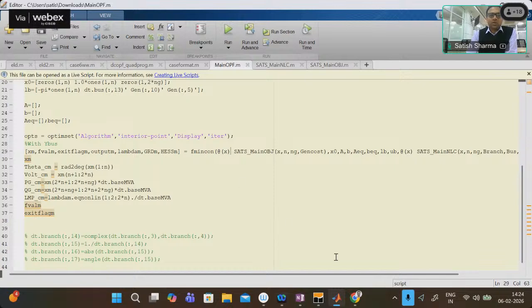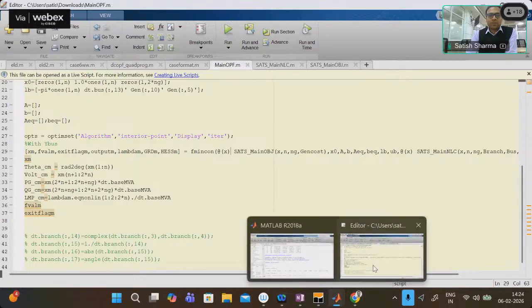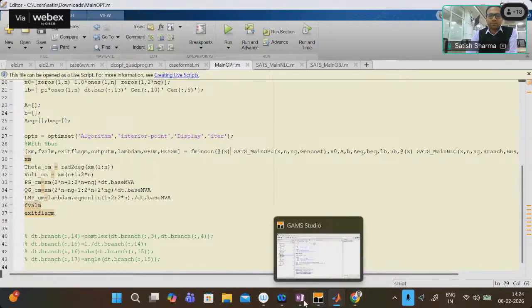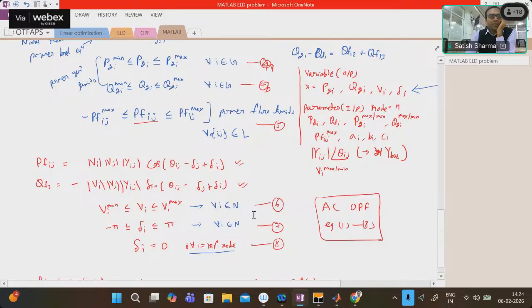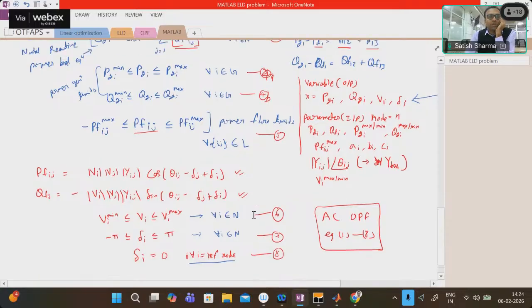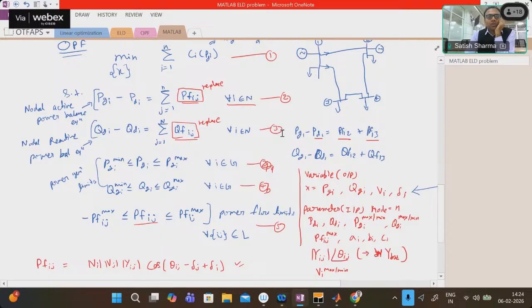If I look at this particular function, you can see that some linear equality and inequality constraints are there, but equation number 2 and 3 are non-linear, so they will go into ceq. Both 2 and 3 will be part of ceq(x) equals 0.